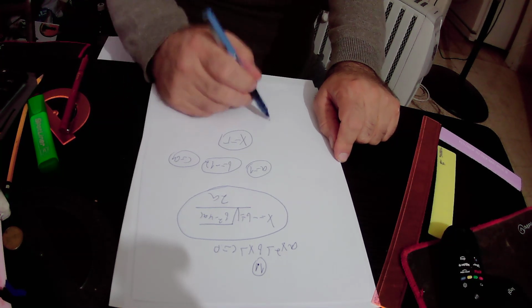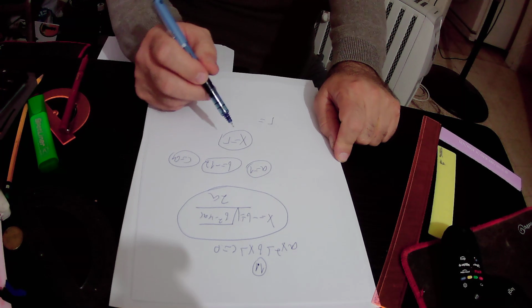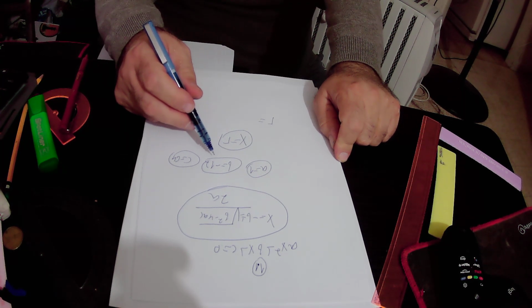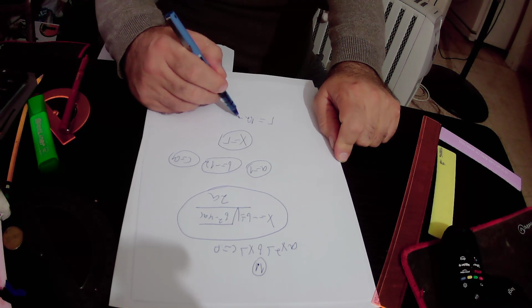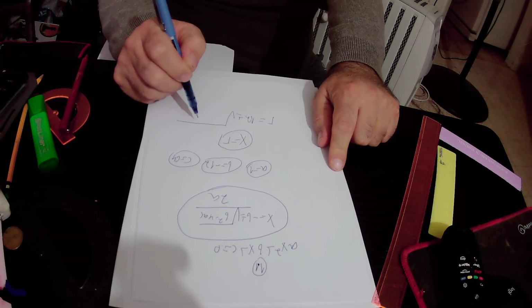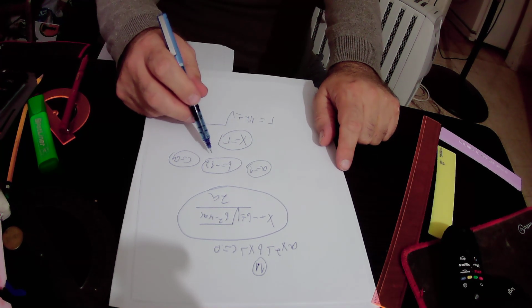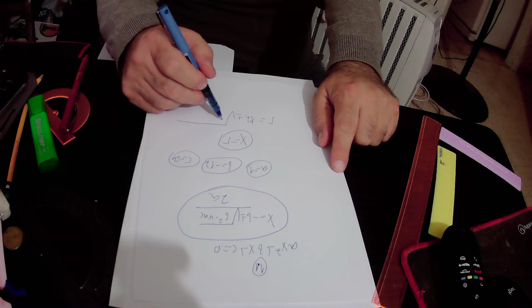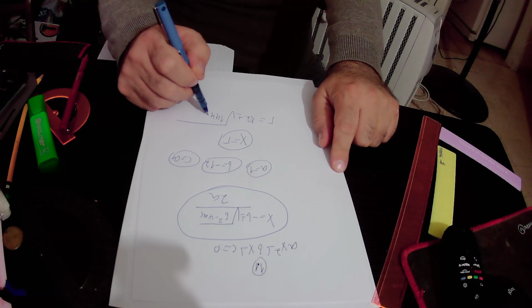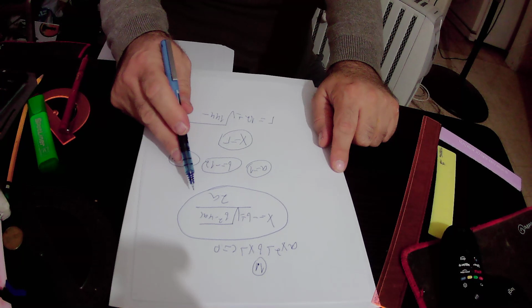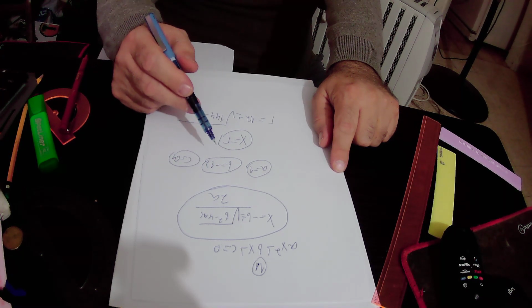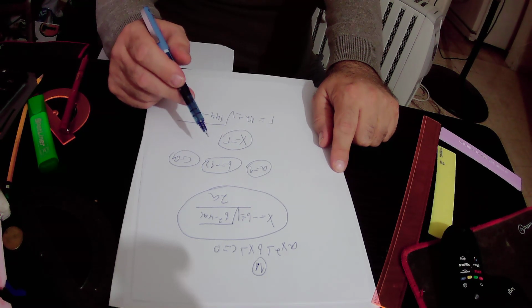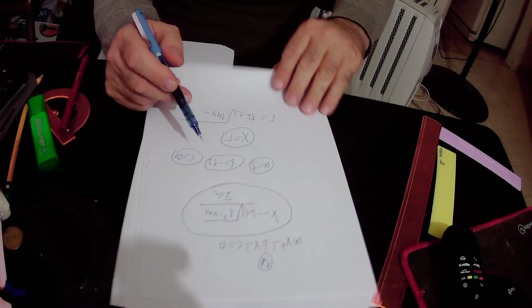x equals r, so r equals minus b. b equals minus 12, so minus b is plus 12, plus minus the root of b squared. Minus 12 squared is 144, minus 4 times ac. A is 1, so 4 times 1 is 4. And here I made a mistake.